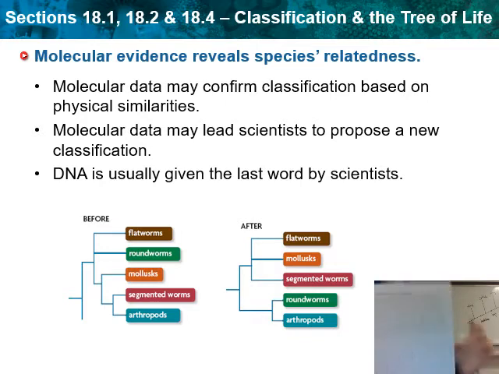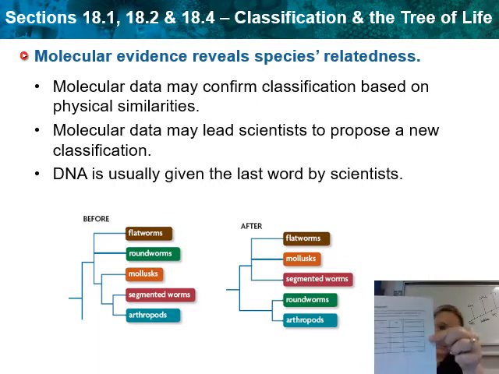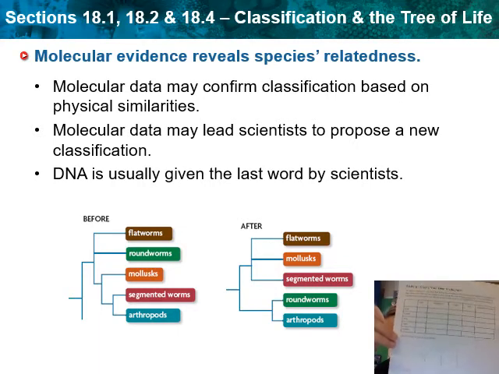From there, we're going to label each of the branches. So I'm going to put slug, catfish, frog, tiger, and human. So you can see it looks just like that. Hopefully you can see it.